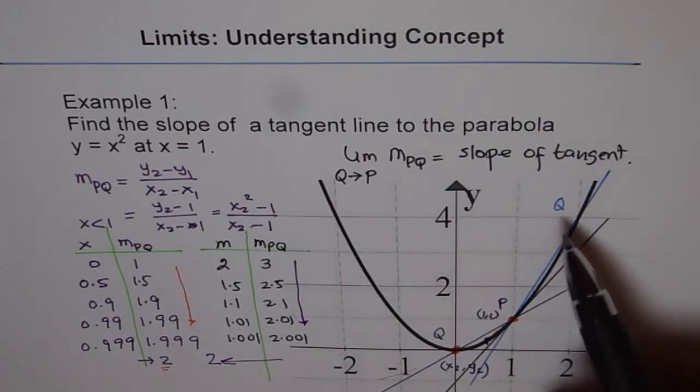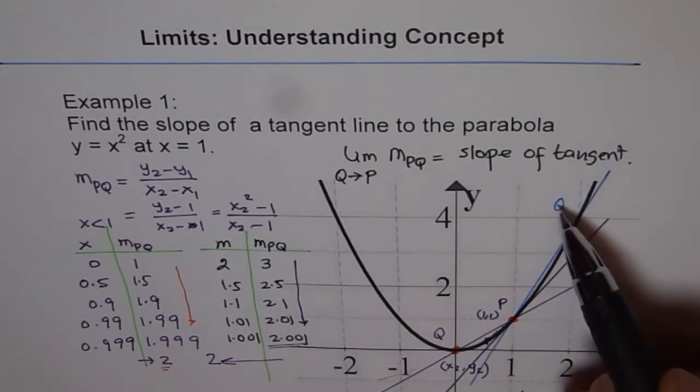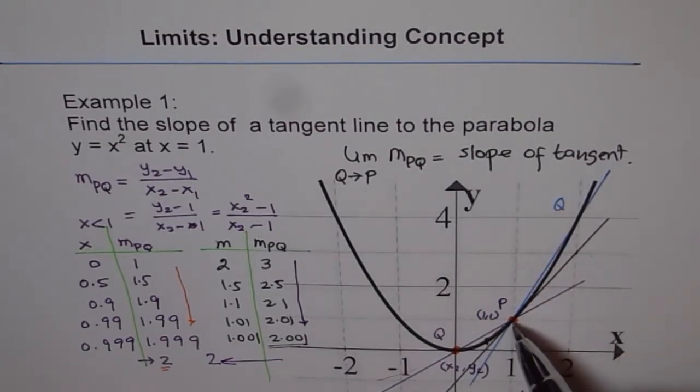The important thing here is we have to take a point Q, and we can approach from both sides, from left and from right. And in both ways, we saw that we were approaching the value 2. If we approach the same value from both sides, then that means the slope of the tangent line is that value which we are approaching as point Q approaches closer and closer to P. Q should be different from P. Q could be 1.0001, but it cannot be 1.